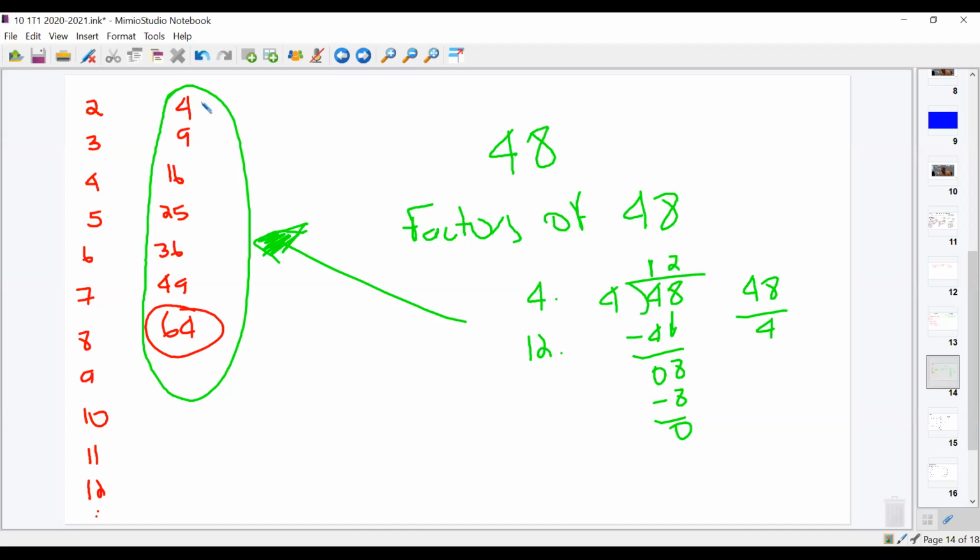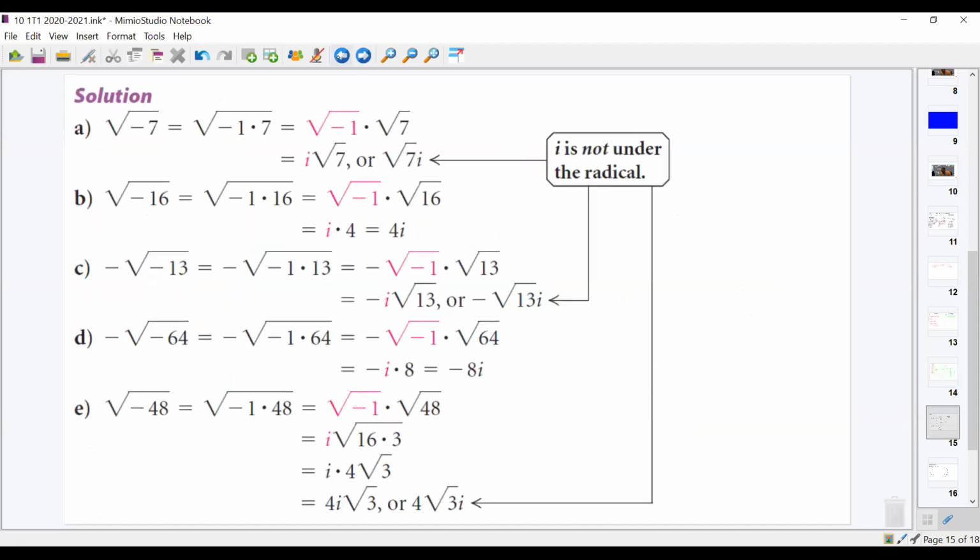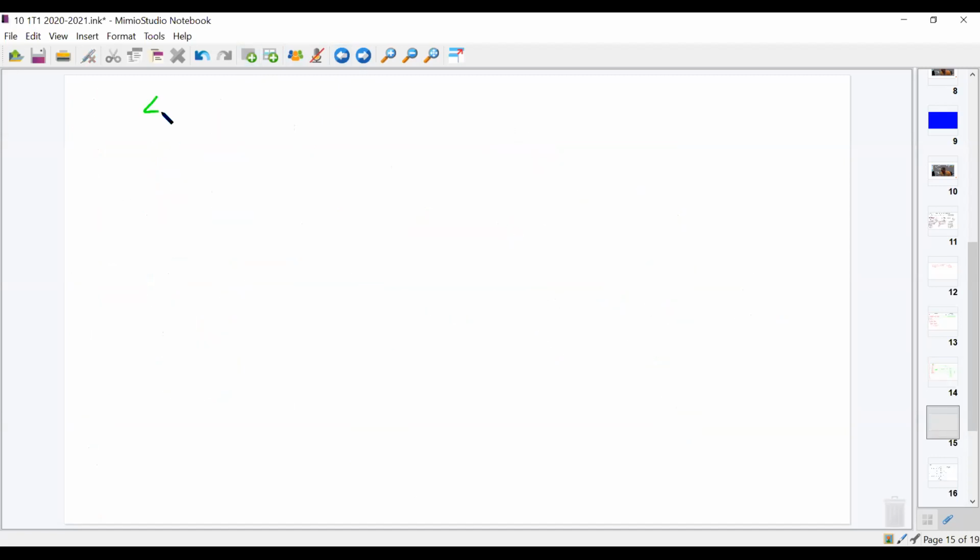Now, I have the number 4. And do I have the number 12? In this list, no. But it's not a problem. The factors of 48 can be 4 and 12, right? Yes.